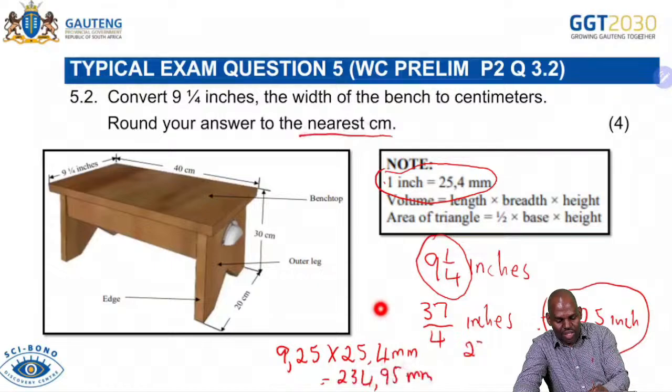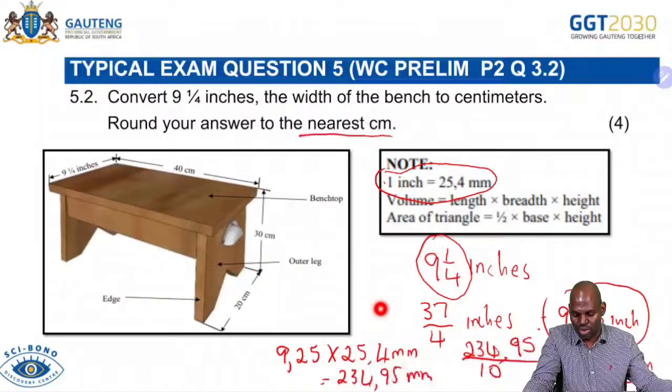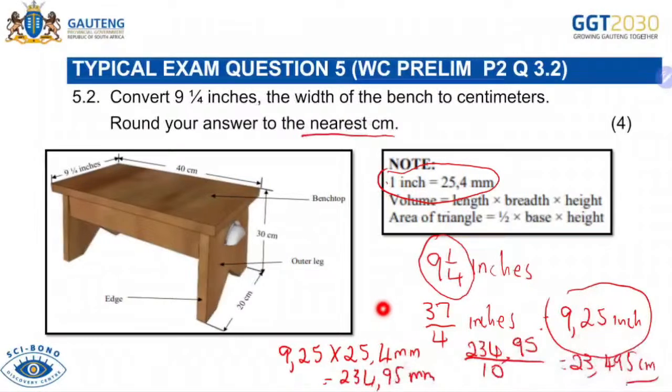So we take 234.95 and divide it by 10, and this gives us 23.495, which is now in centimeters. You can just leave it as 23.495, or you can round it to one decimal place, which is 23.5, or to two decimal places and so on. But it's always safer to write down the original answer.